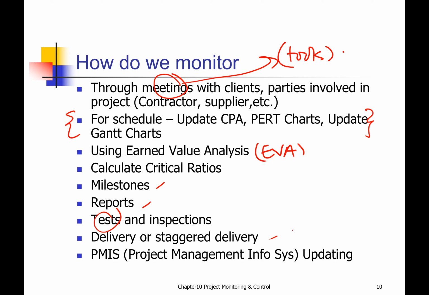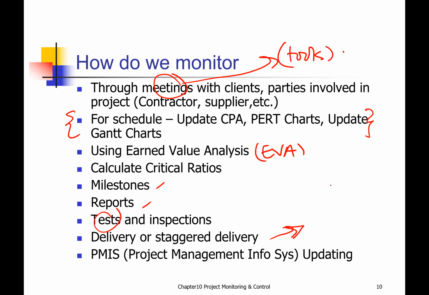Delivery and staggered delivery. Even how to control material, you control through the process of delivery. Late delivery, and then when the materials are delivered, some of the materials have already been broken. You need to record it and return it.